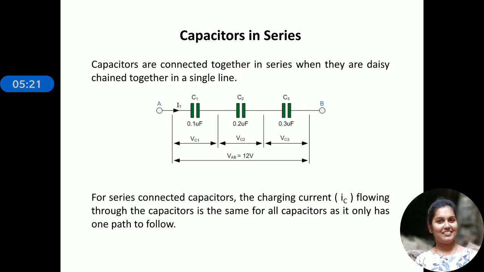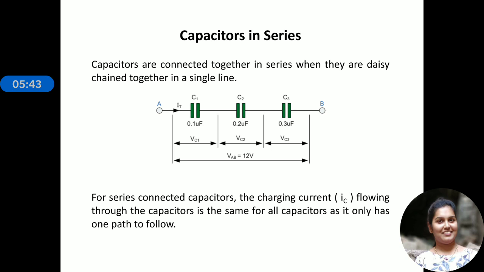Therefore, each capacitor will store the same amount of electrical charge. As the current is the same, the amount of charge stored in each capacitor is the same. So the Q on its plates is the same regardless of its capacitance.